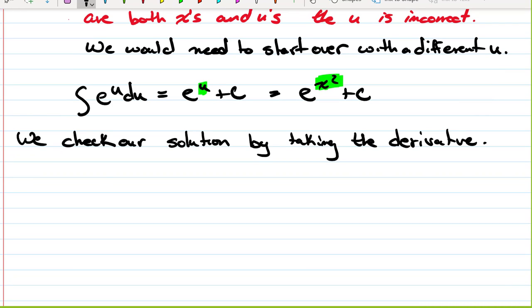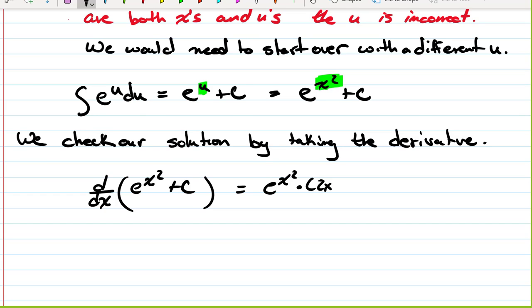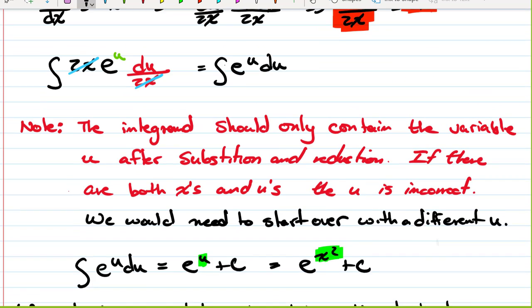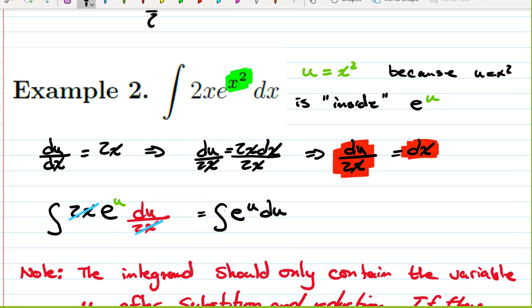So if I take the derivative d dx of e to the x squared plus c, well, my derivative of e to the x is going to be e to the x squared. Then by the chain rule, I multiply by the derivative of the inside, and the derivative of x squared is 2x, plus the derivative of a constant is 0. So we get 2x e to the x squared, which is exactly the integrand that we started with.